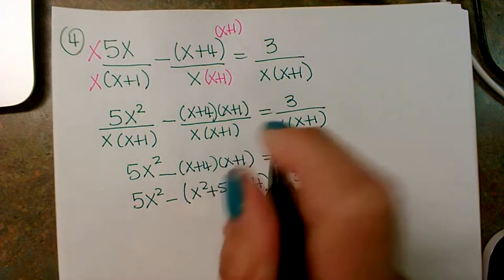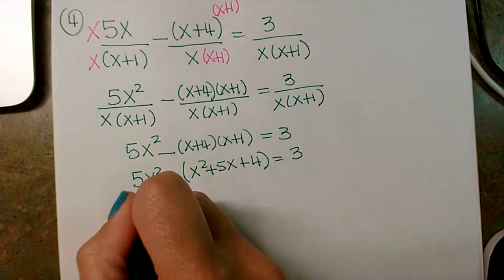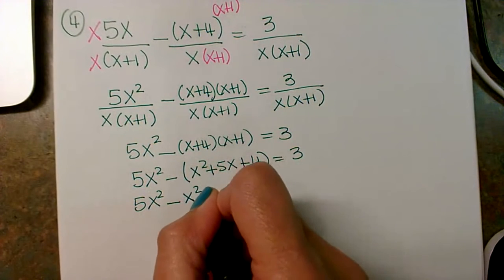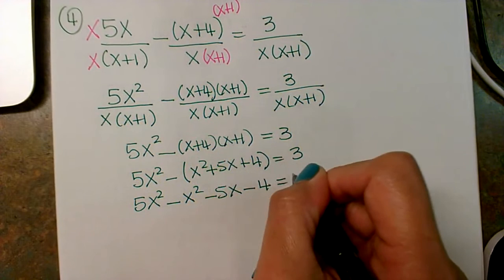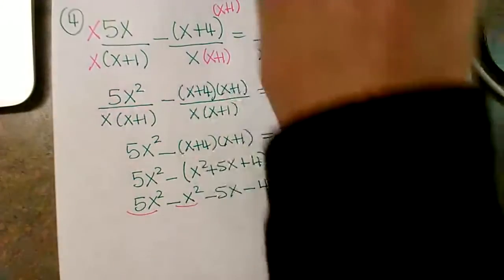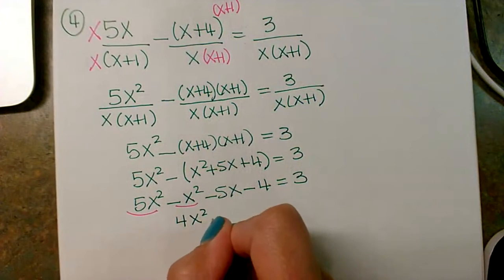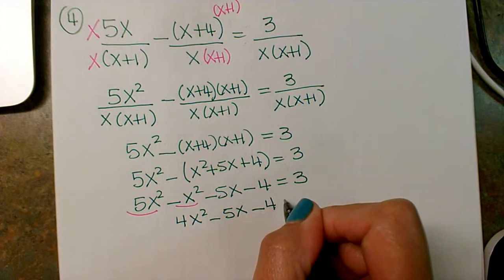Go ahead and do this multiplication, those two binomials, and you get this. Now, let's apply the negative. This is going to be negative, negative, and negative. All right? So now we combine the like terms, right? Here we go. 5 minus 1 is 4x squared minus 5x minus 4.